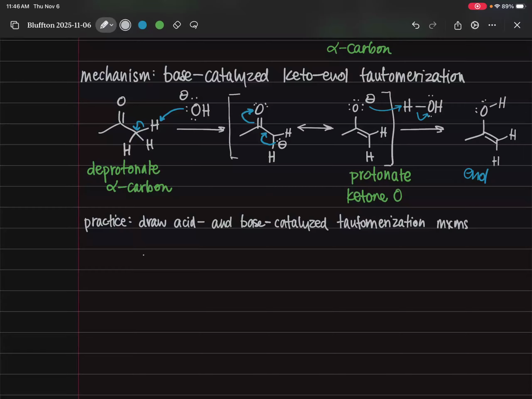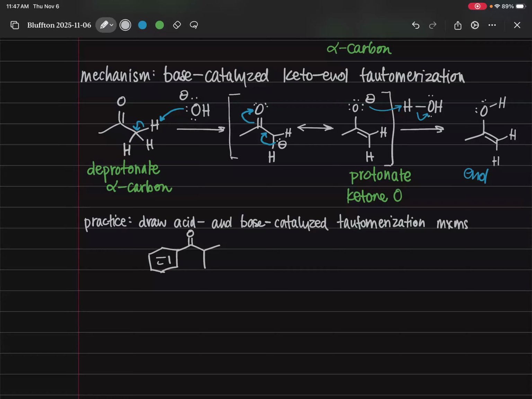We don't really have time to work through this right now, but use this molecule to do both acid and base catalyzed tautomerization reactions. But remember that because we have a benzene ring here, this carbon does not have any hydrogens on it.